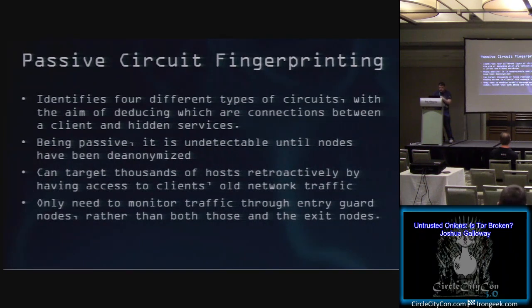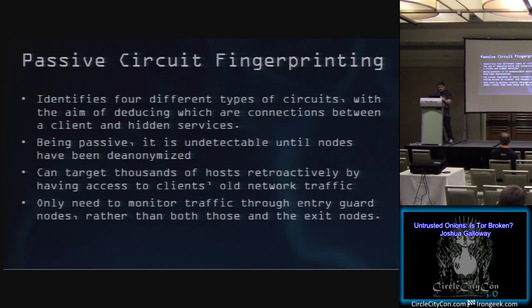All right, so the passive circuit fingerprinting step identified these 4 types of circuits that were mentioned earlier. It's passive, so it can't be detected until nodes have been de-anonymized.